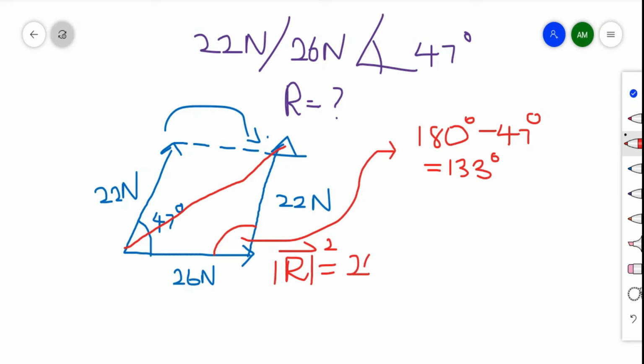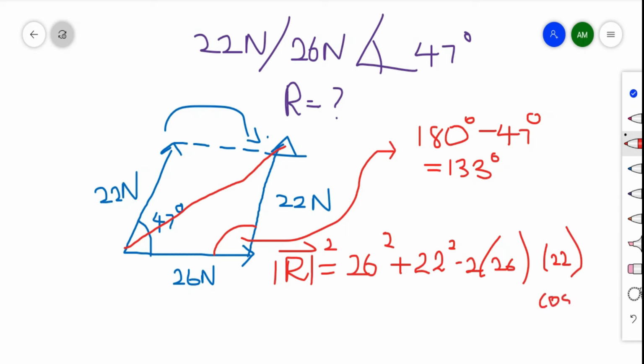So 26 squared plus the square of 22 minus 2 into 26 into 22 and the cos of 133, which gives the resultant to be 44.048 newtons.